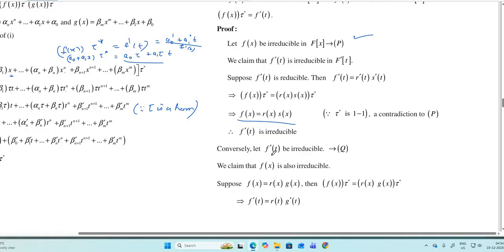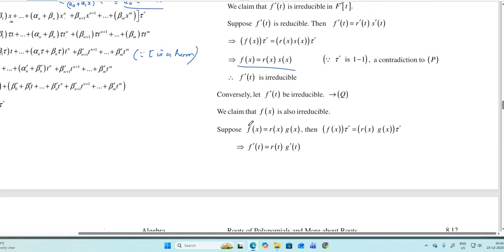Now conversely, if you take f prime of t to be irreducible, then f of x is also irreducible. Again the same procedure: suppose f of x is reducible, then you have this. There we used tau star to be one to one; here we use that tau star is a mapping. In the domain, two elements being equal means the corresponding images in the codomain will be equal. So you have this step, f dash of t equals this.